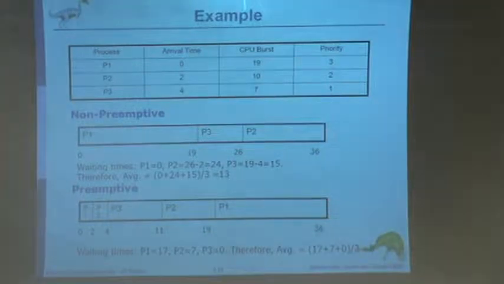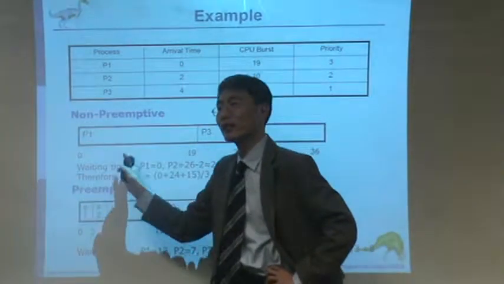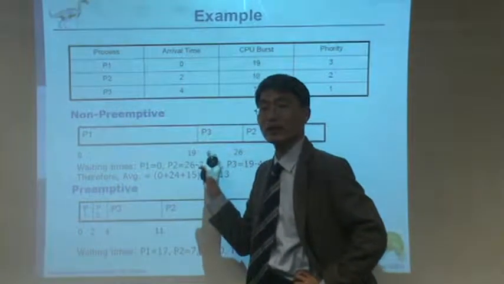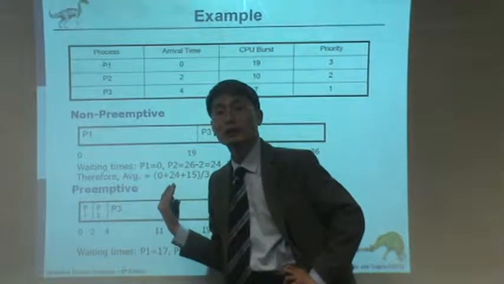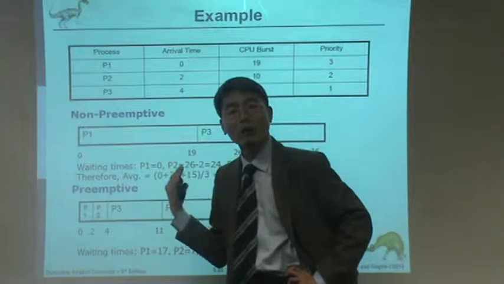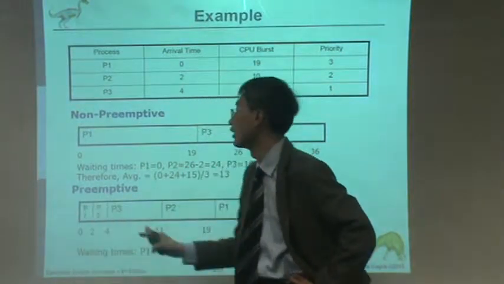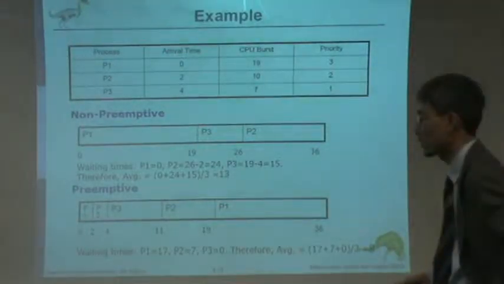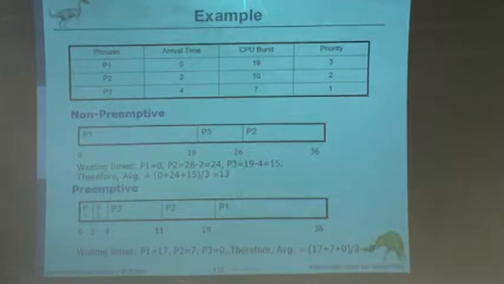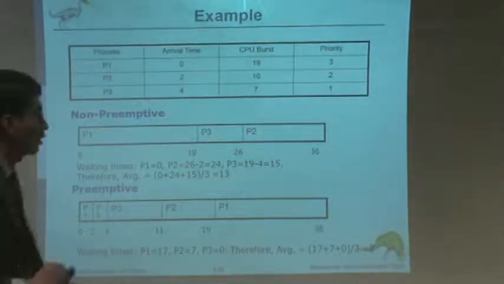Non-preemptive means once it has started, it will run to termination. Preemptive means it can be resumed, so we can reconsider whenever there is an event. In the non-preemptive case at time 0, I strongly suggest you manage the ready queue.